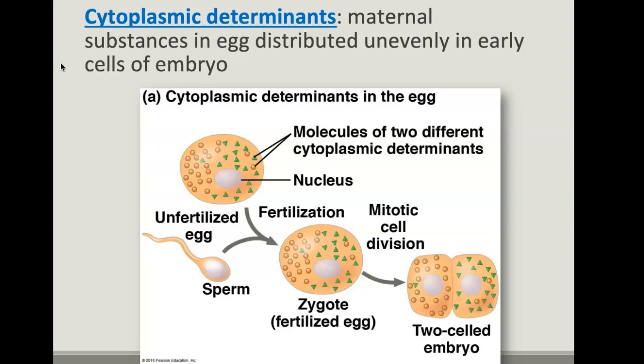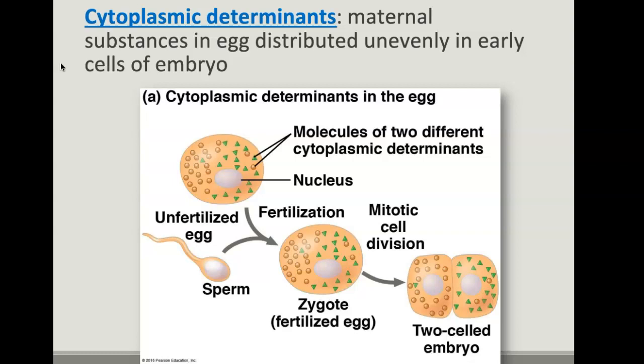Once the sperm fertilizes the egg cell, if you look at the distribution of the molecules that are inside, some of them on the left are brown circles, and then some on the right are green triangles, indicating different types of molecules. These could be proteins, these could be different organelles, mRNA. They can be anything that the cell needs, but they're clumped differently.